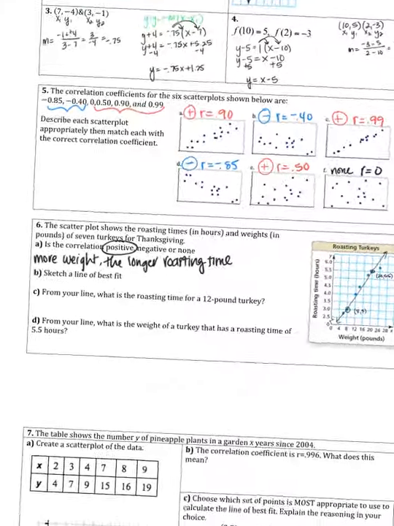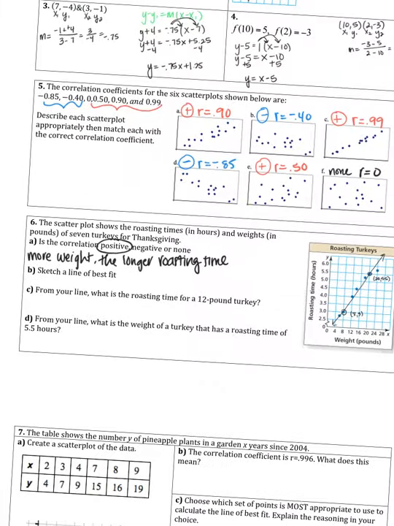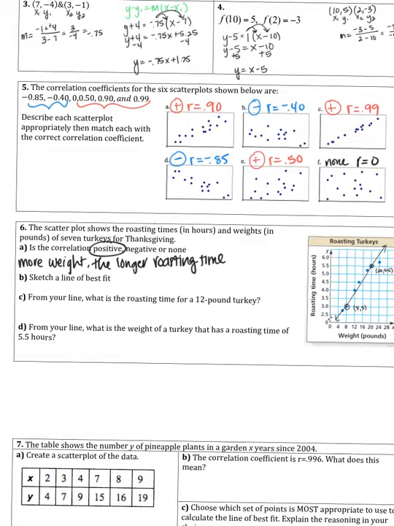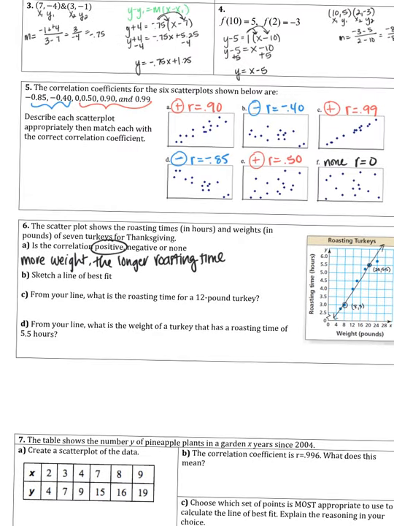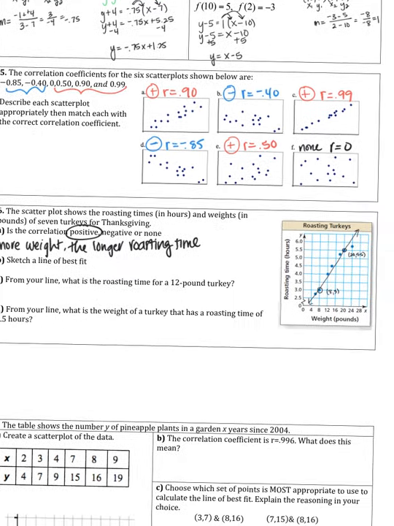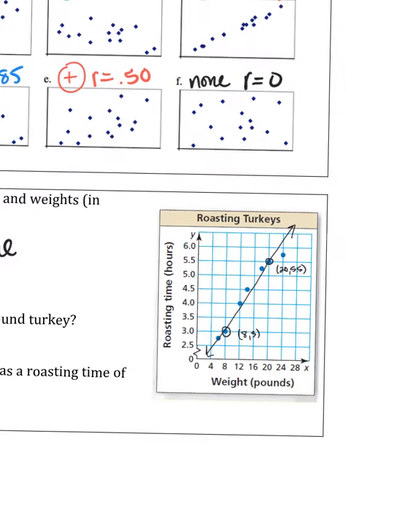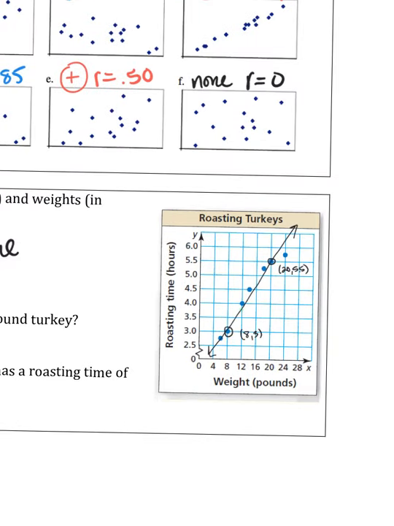Here's just one option. From your line, what is the roasting time for a 12-pound turkey? And so this is telling me that I don't necessarily have to go calculate out the line of best fit. I can just look at my line and read my graph. So I can say for a 12-pound turkey, and this is all an estimate, about how long is it going to take?